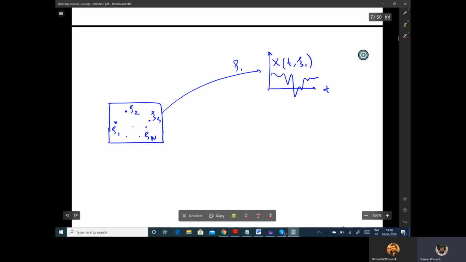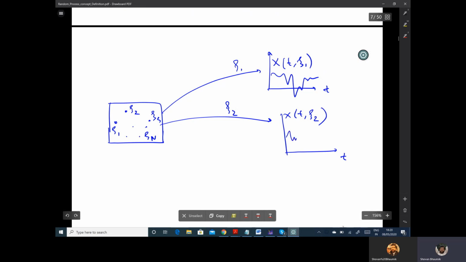Some function we assign. For another outcome, zeta 2, we assign another function, t versus x(t, zeta 2).